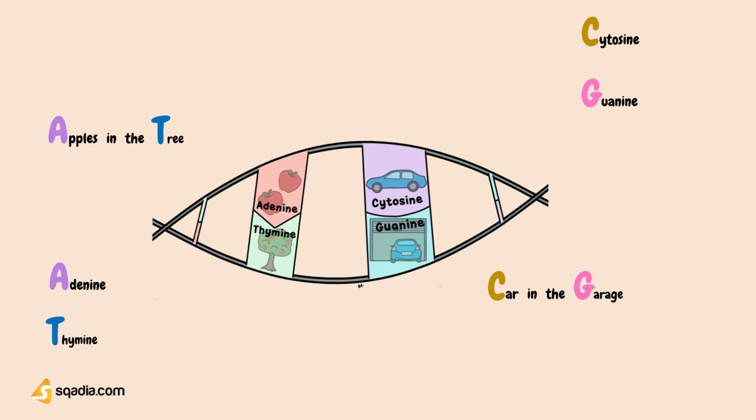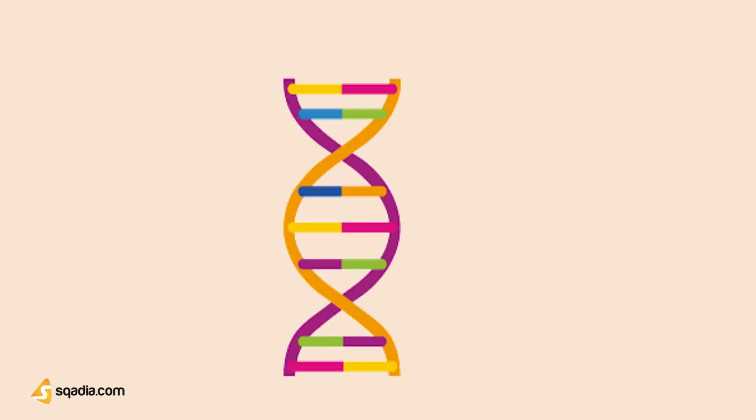Each strand of deoxyribonucleic acid has a beginning and an end called 5' and 3' respectively. The two strands run in opposite directions, called antiparallel to each other, so that one runs 5' to 3', and one runs 3' to 5'.